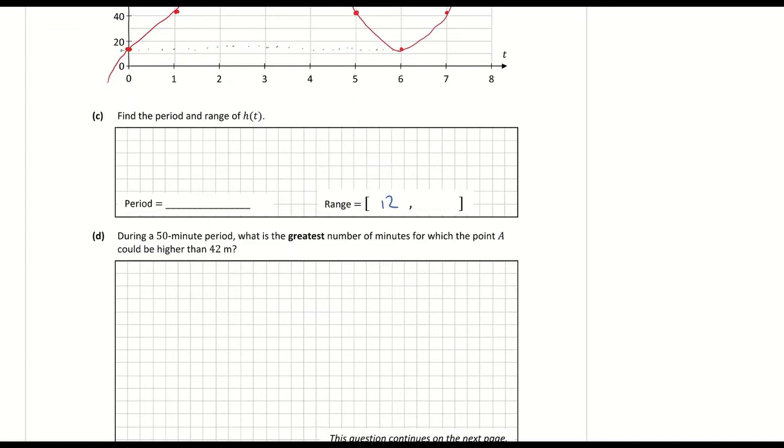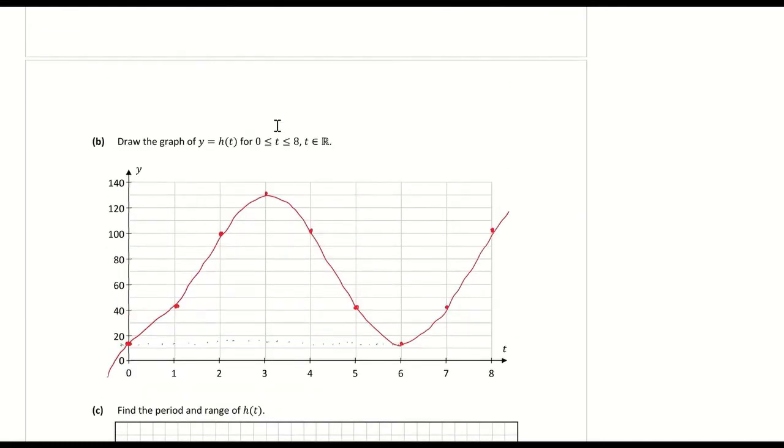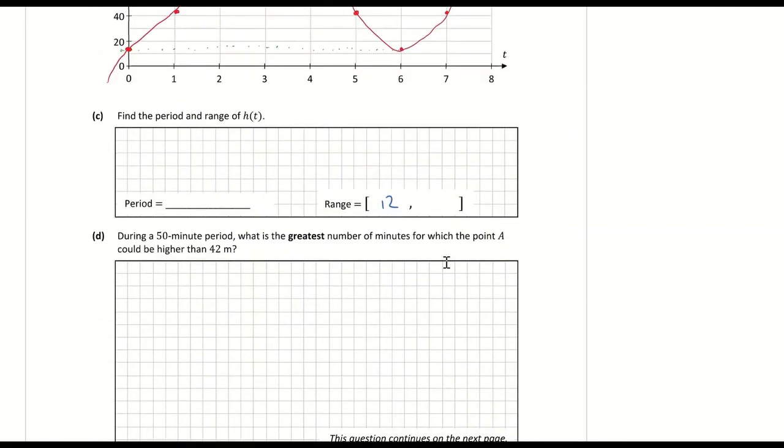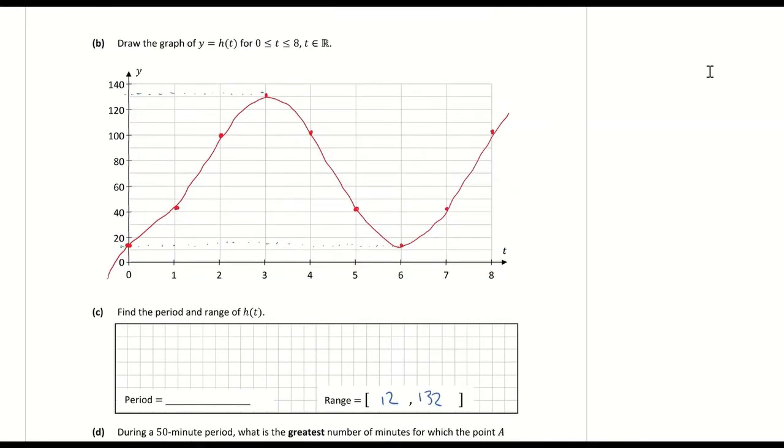And my maximum, again, you can take from your table as well, which is 132. Once again, I can use my sketch to come across to 132, or you can come back to your table and take it from here that the highest point is 132. So there's numerous ways you can get those values. The next part is asking us to find the period for the function.